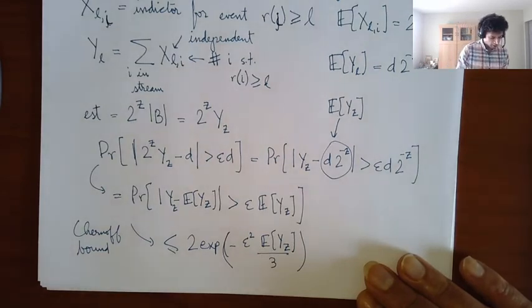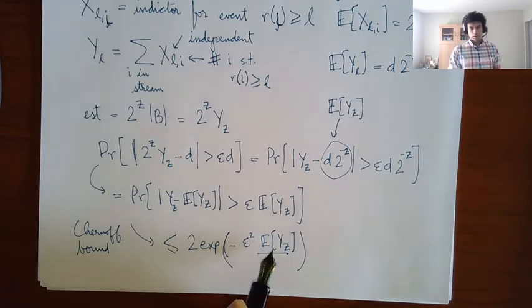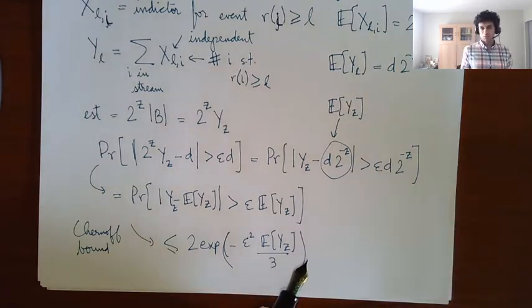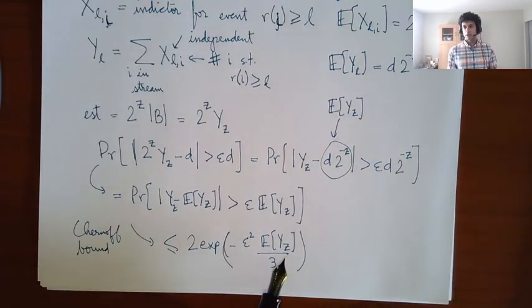Now we're going to have a bit of a problem here. For this to work, we need the expectation of Y_z to be sufficiently large. And in some sense, z was specifically chosen so that this expectation is likely to be large. That's sort of the whole point here.